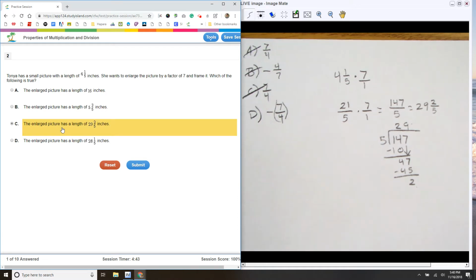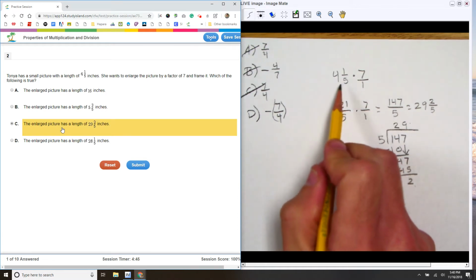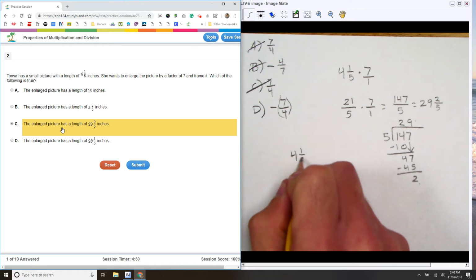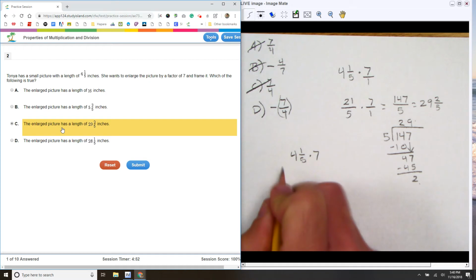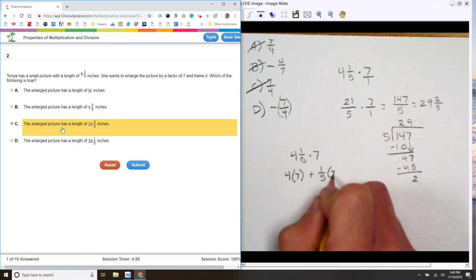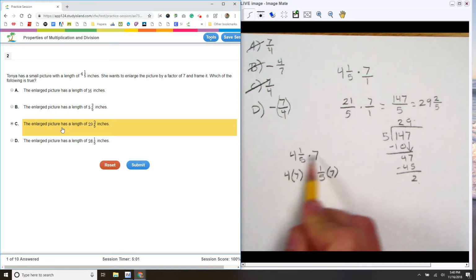An easier way to do this problem, I think, is to remember that if you have 4 1/5 times 7, that is equal to 4 times 7 plus 1/5 times 7. You don't have to multiply 4 1/5 times 7 all at once.